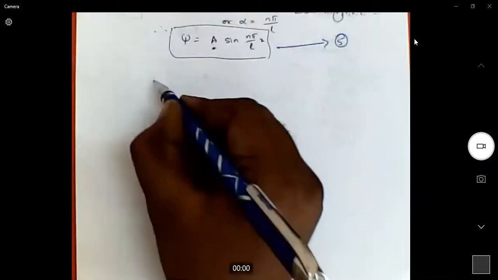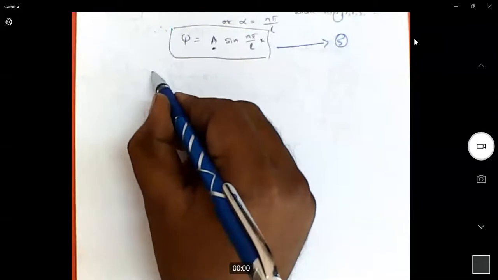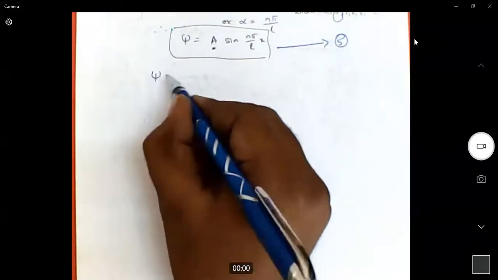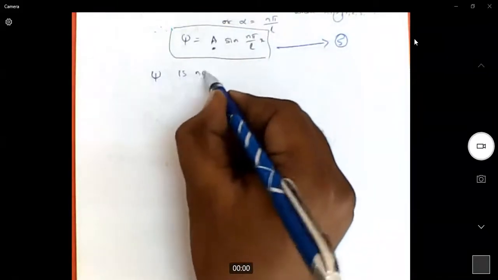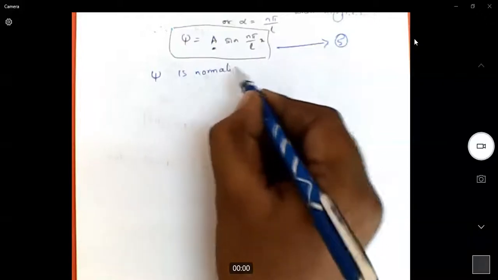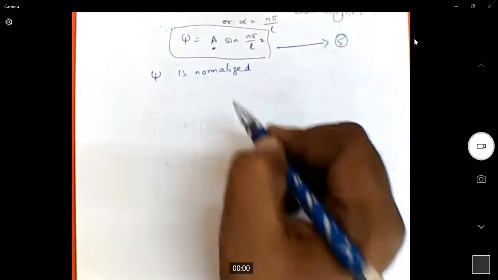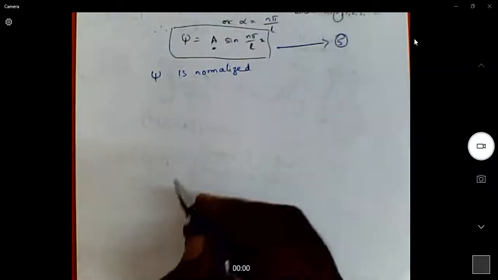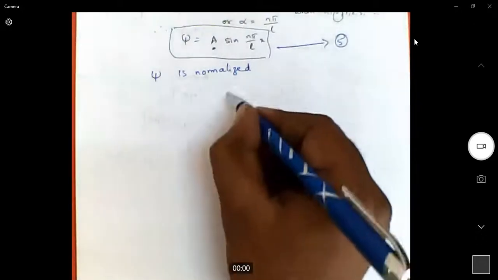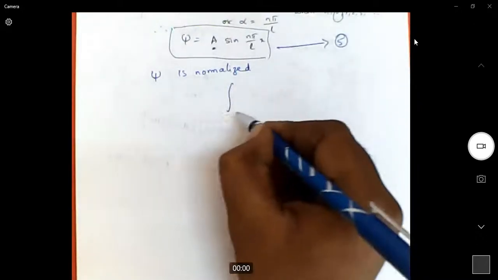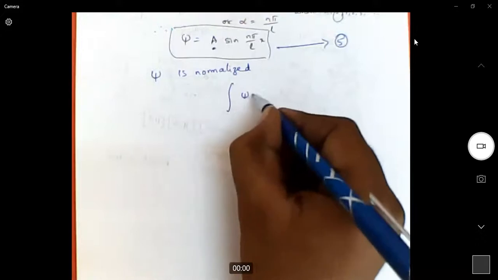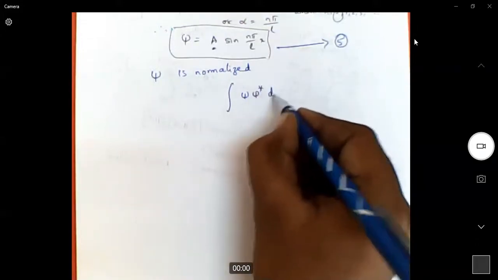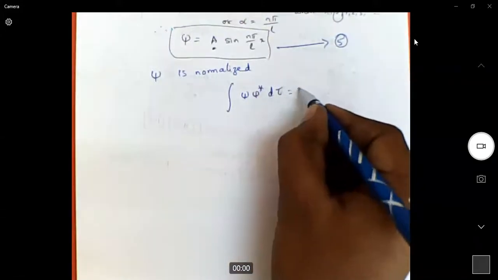We know every wave function must be normalized. Psi should be normalized. What is normalization? Integral psi psi star d tau is equal to 1.